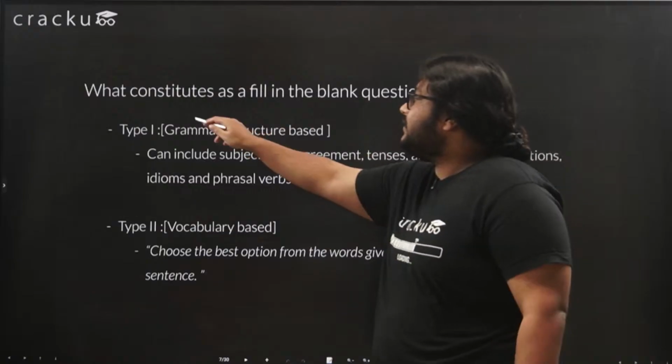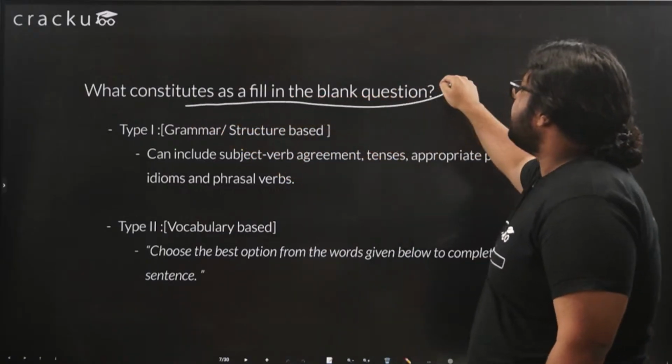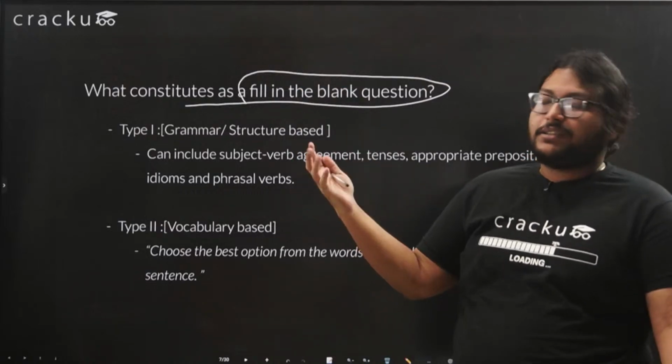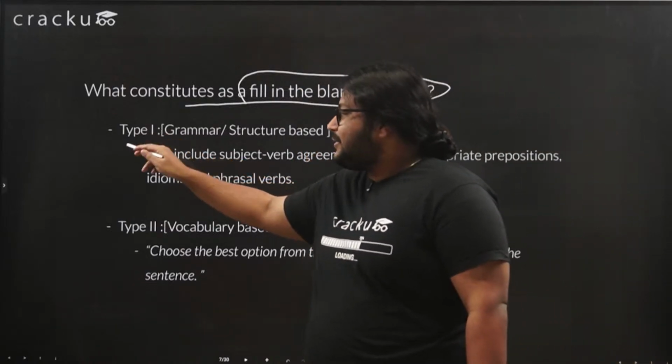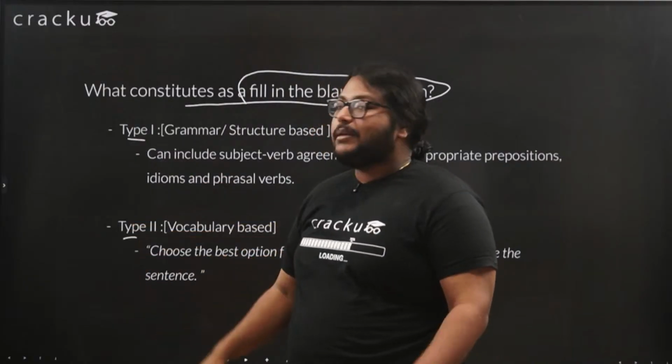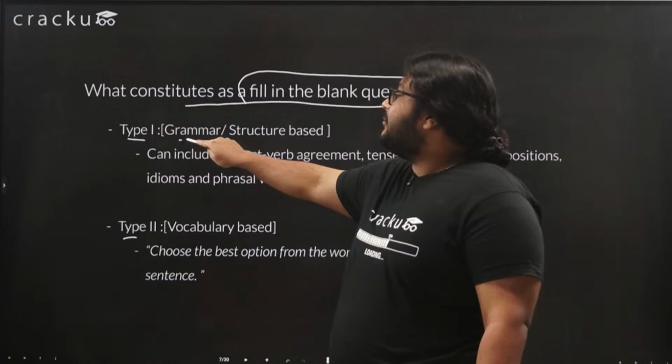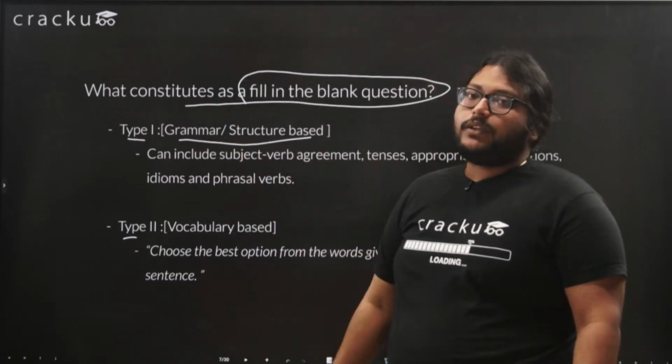Okay, let's start with what constitutes a fill in the blanks question. What can we expect when I say fill in the blanks? There can be two types of sentences essentially. There can be a third type also, which we'll get into later. Type 1 can be grammar or structure based.